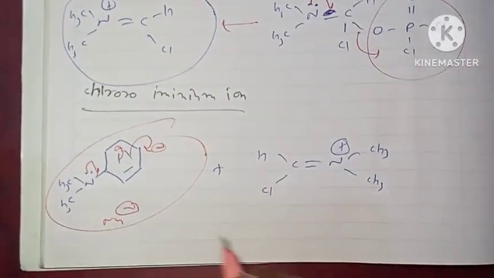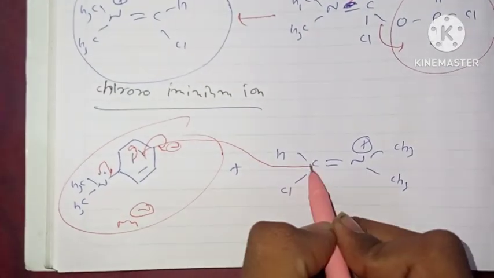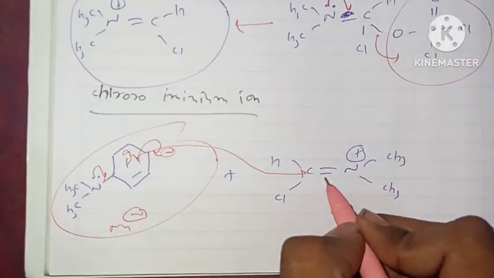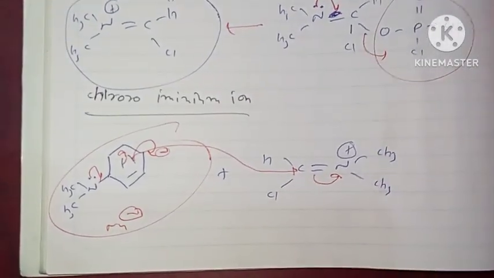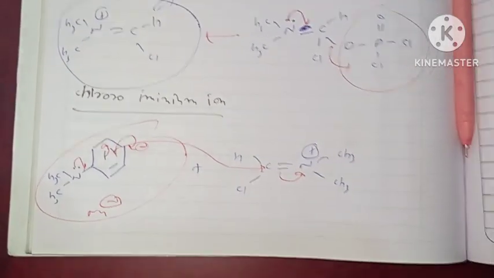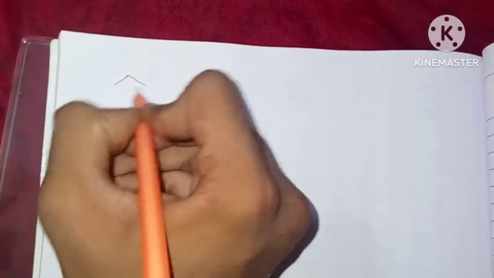Now this bond attacks towards carbon, so carbon having 5 valency, this bond shifted over here, so nitrogen gets its lone pair again and the reaction carries on. Now draw the structure.